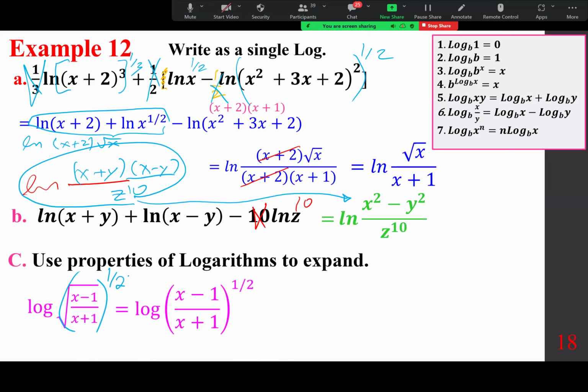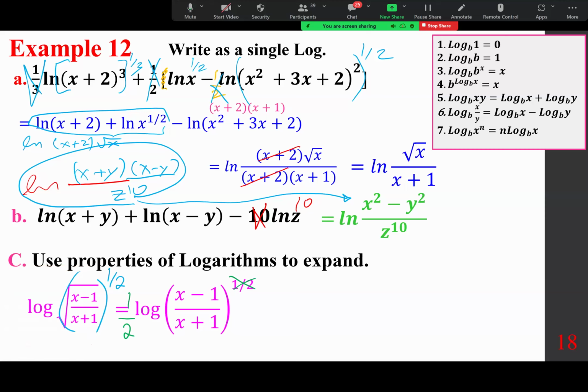Okay, that's your first step. The next step is to get rid of 1/2, put it in front. So it's 1/2 log of x minus 1 over x plus 1.